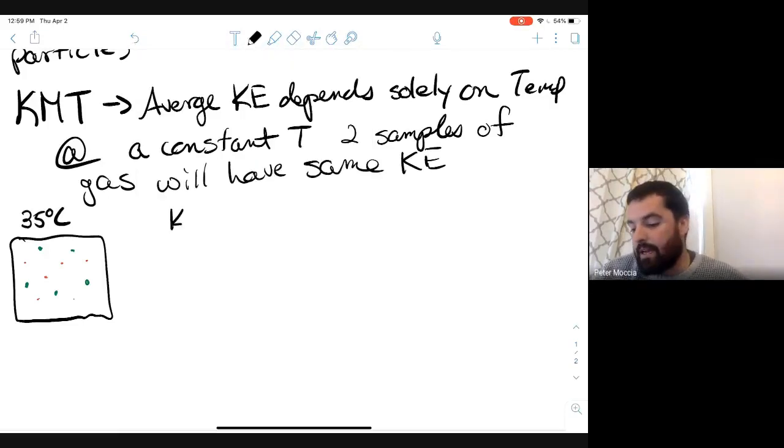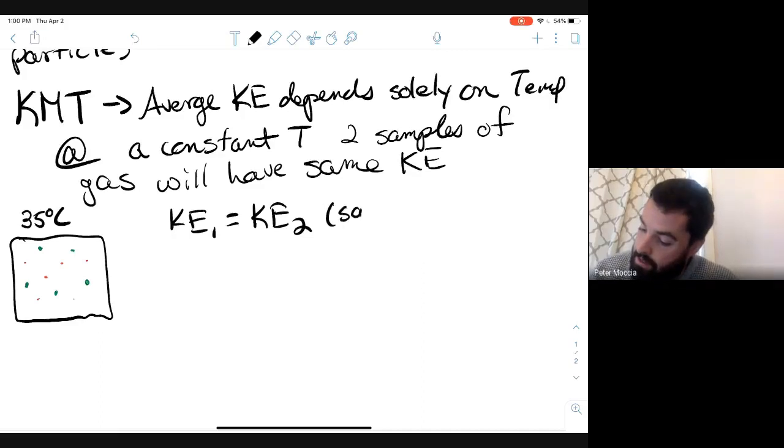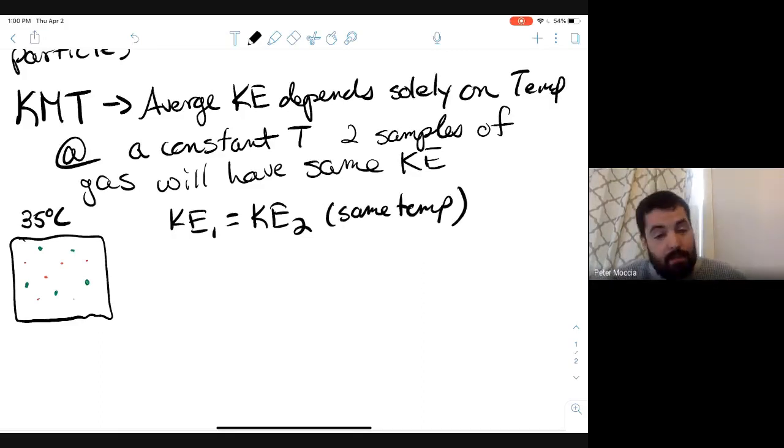The kinetic energy of gas number 1 is equal to the kinetic energy of gas number 2 because they're at the same temperature. Okay, so as long as two samples of gas, no matter how different they are in mass, are at the same temperature, they have the same kinetic energy.